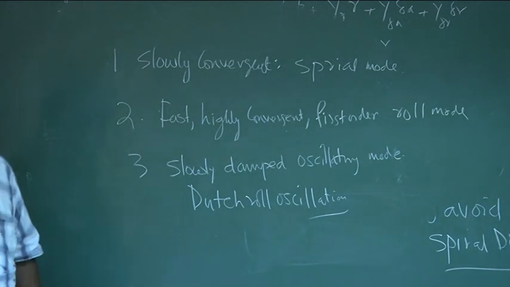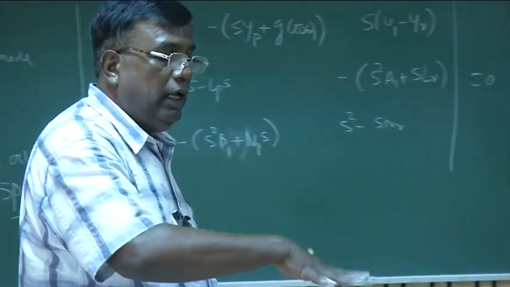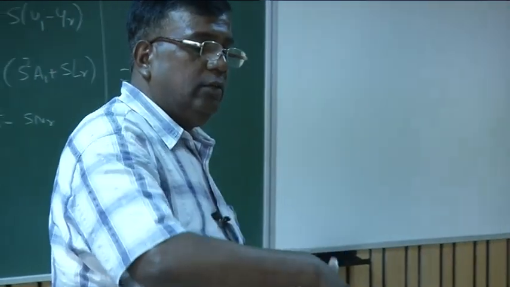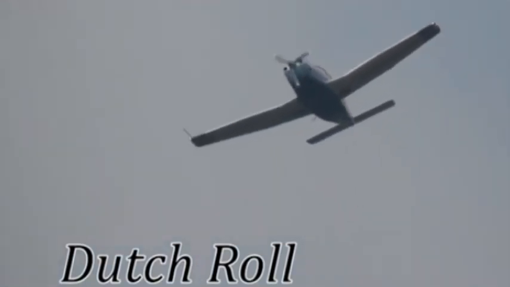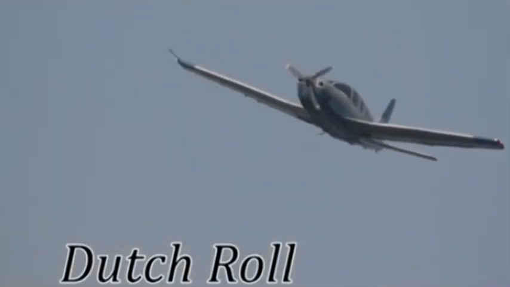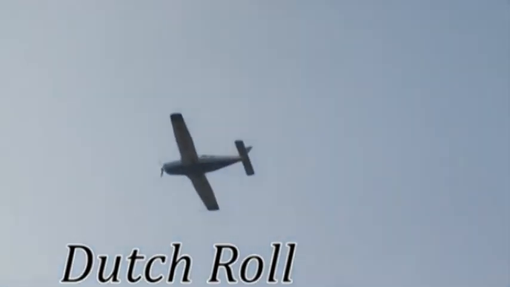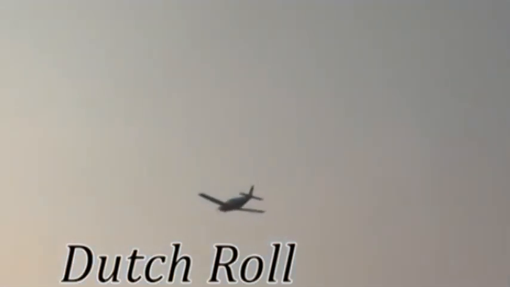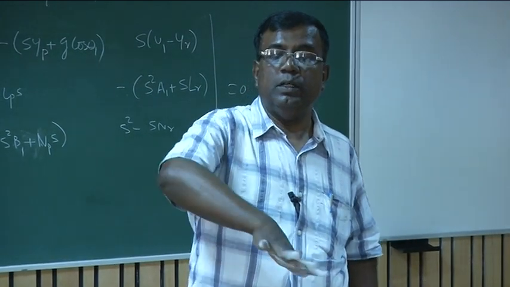It is typically doing like this, moving like this as well as doing like this. One motion is like this, another is doing this; the combination of these two motions is the Dutch roll mode.